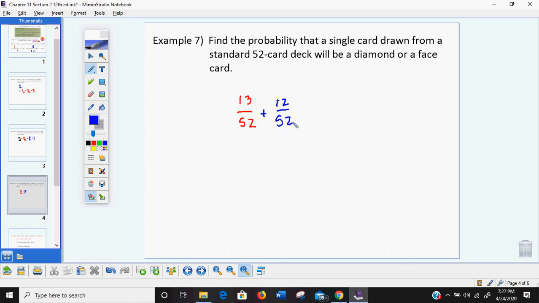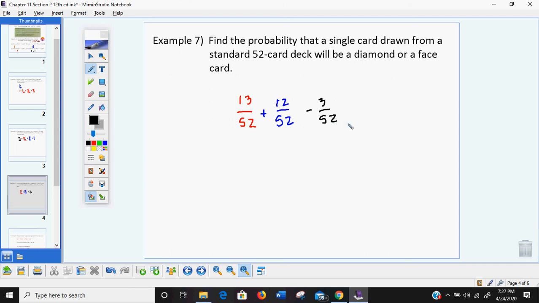Now you have to ask yourself, did I count anything twice? In other words, can it be a diamond and a face card? And the answer to that is yes. I counted 3 of them twice. So I want to subtract that back out because I counted them twice. They were diamonds and face cards.